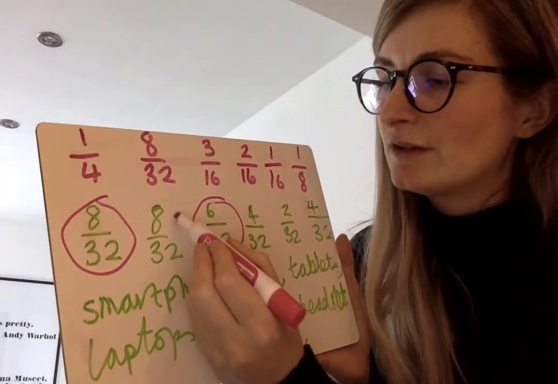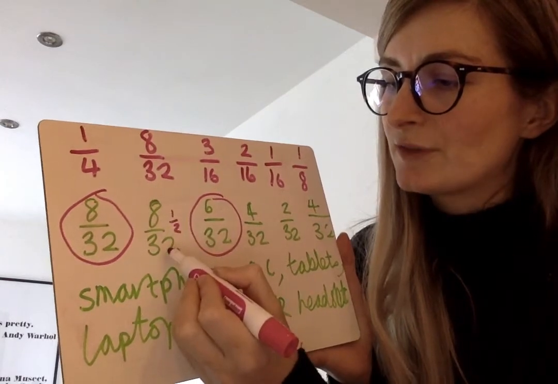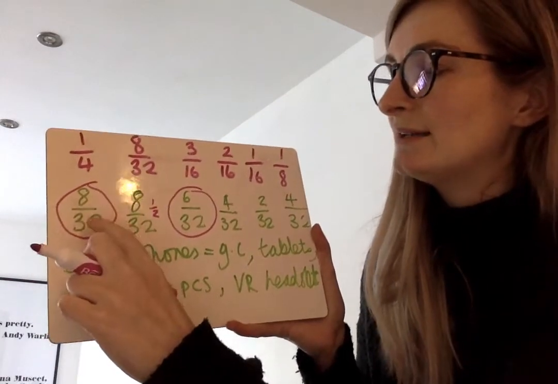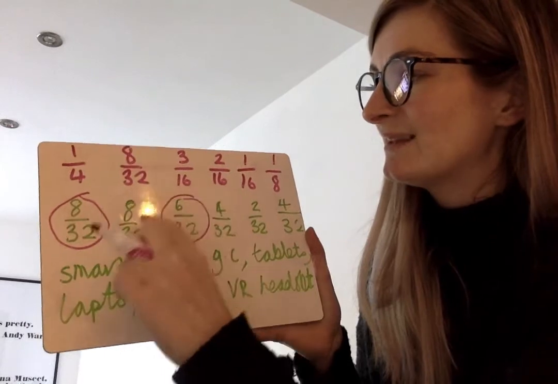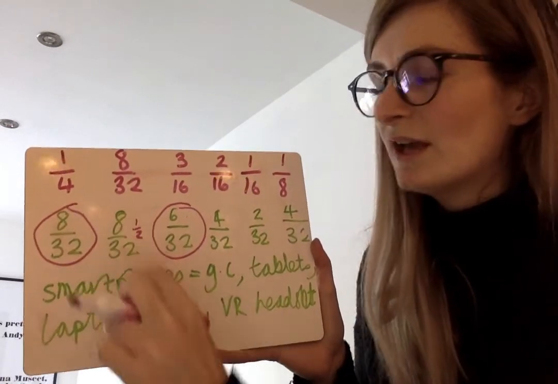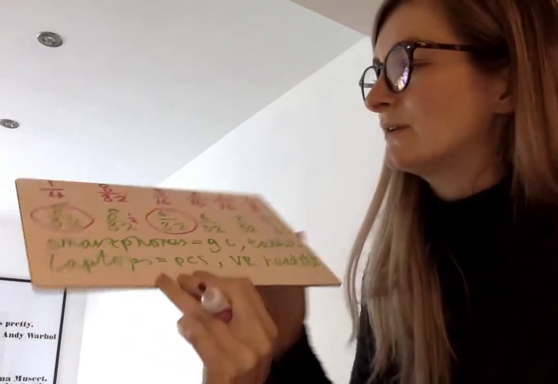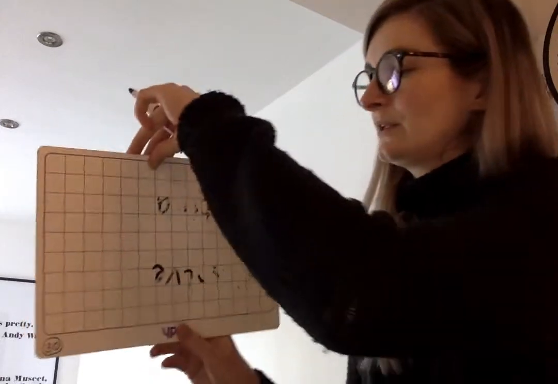That's half of 8/32. So I'm going to flip over and I need to add together this, add half of this. What's half of 8/32s? Have a think whilst I'm writing the other two. Oh, it's got something written on the back. Hold on.